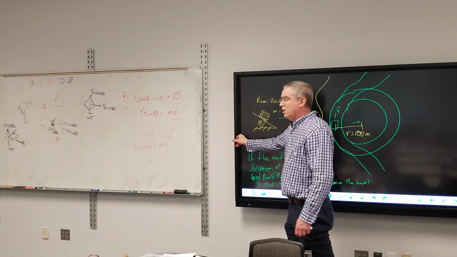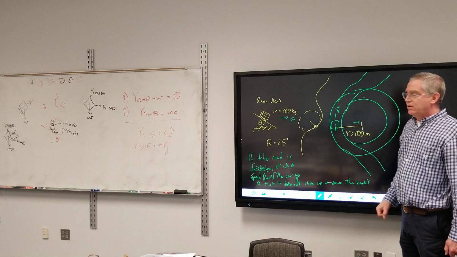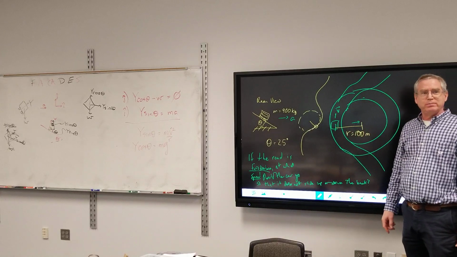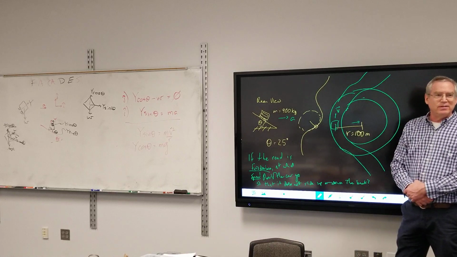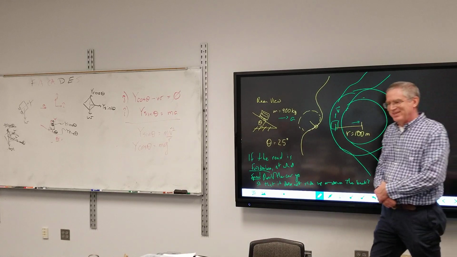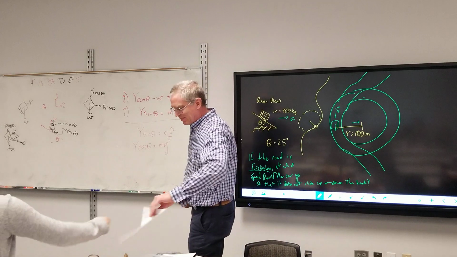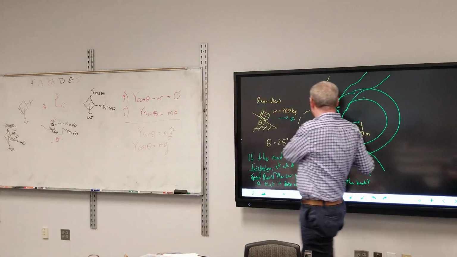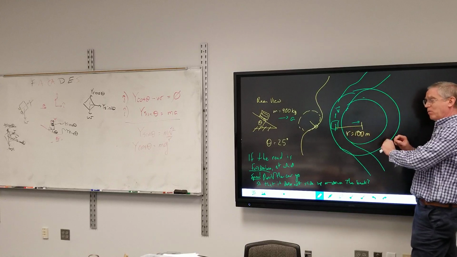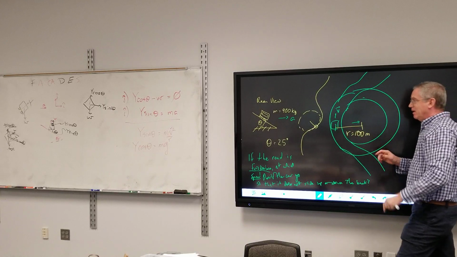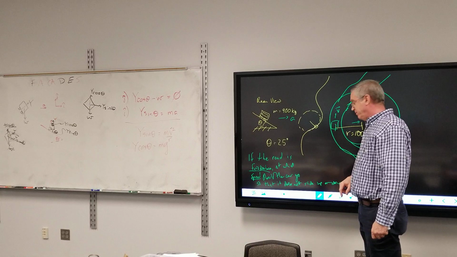And all around that curve would it just be 100 constantly? If it's truly a circle, yes. If it's a perfect circle, then I've got one radius and done. If I've got a wavy line like that, then it varies.